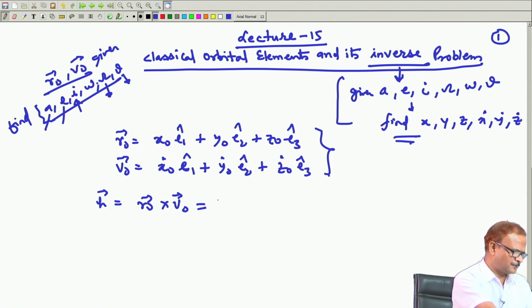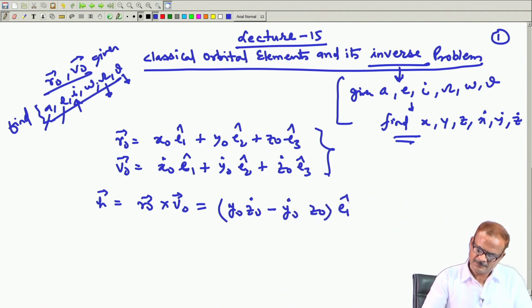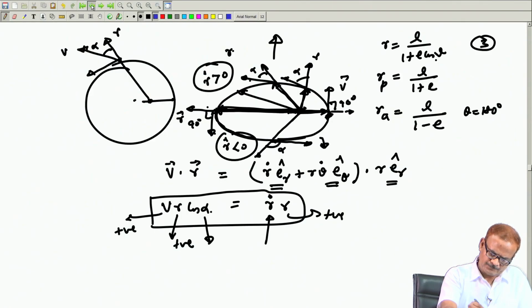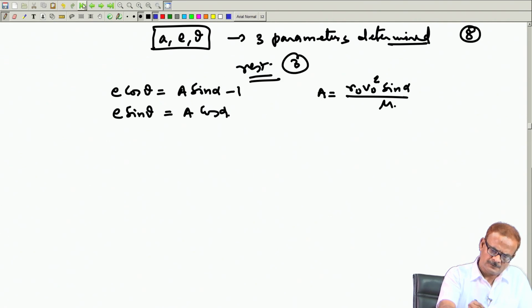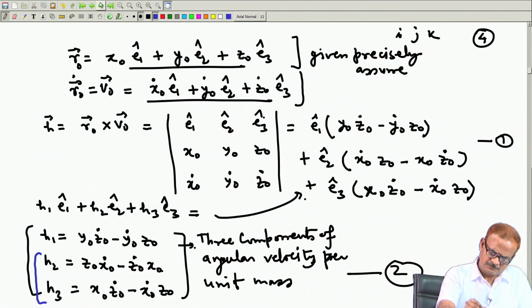For saving time I have to refer back. I am not finding those materials. Anyway, for this we can write y 0 z 0 dot minus y 0 dot z 0 E 1 cap plus x 0 dot. Just look back into the previous lectures where I have done this.